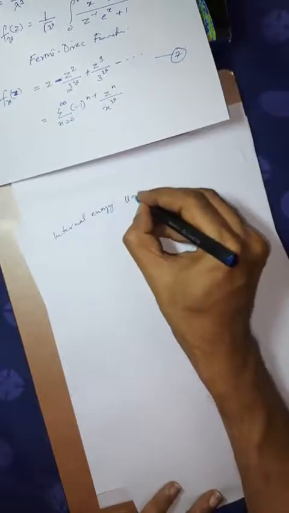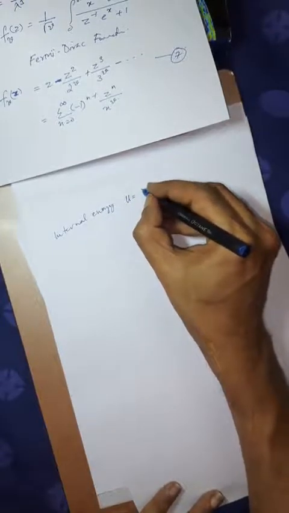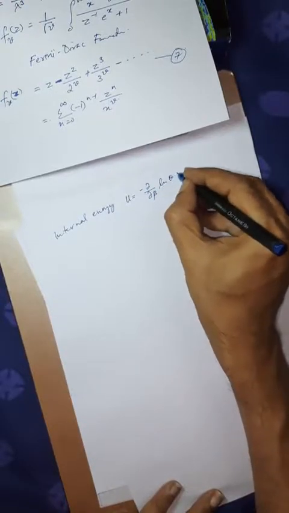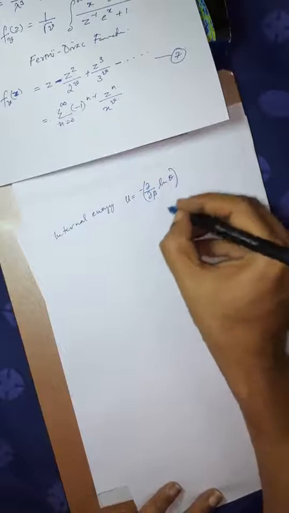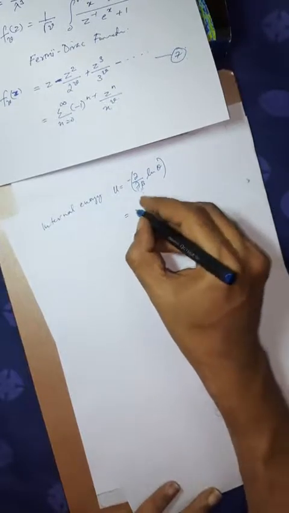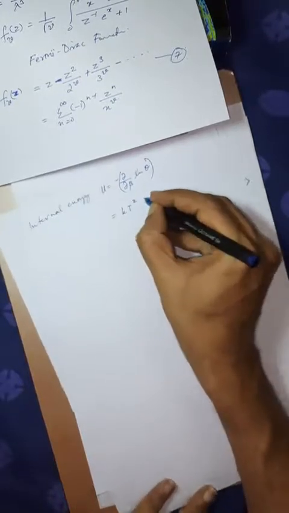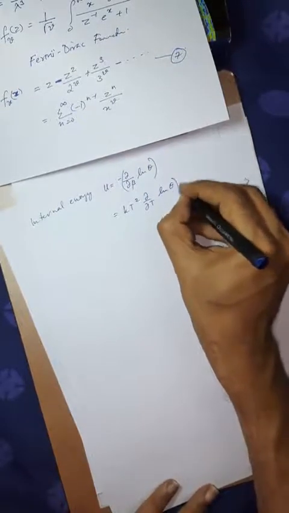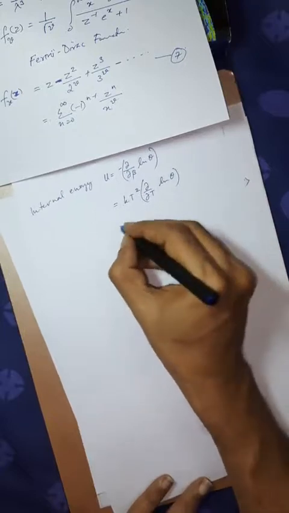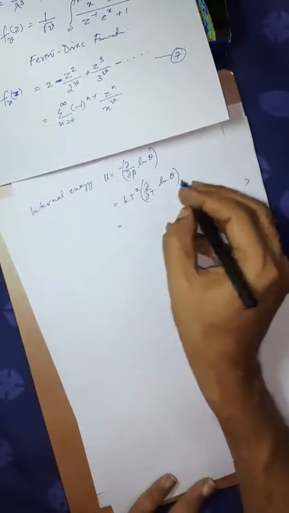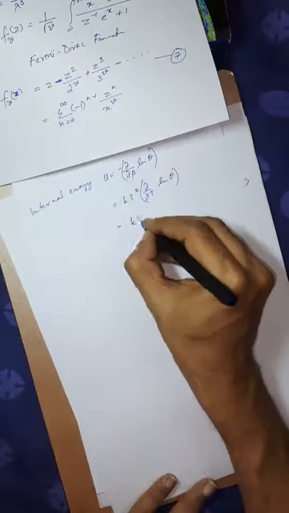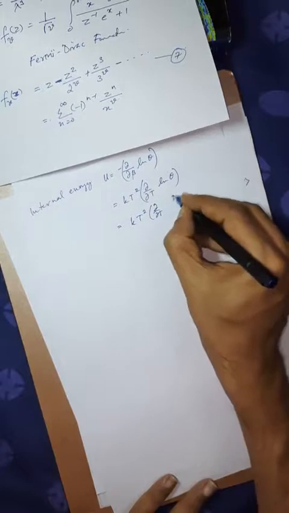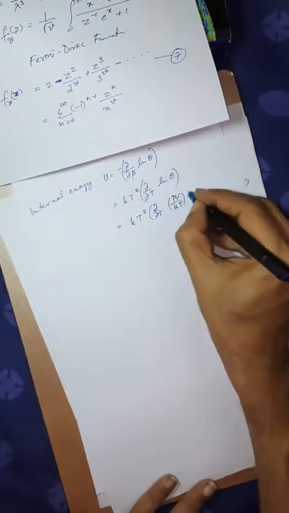Internal energy U is equal to minus dou by dou beta of ln theta, which when expressed in terms of temperature, I can write as kT squared dou by dou T of ln theta. I can express it in terms of PV by kT squared dou by dou T of PV by kT.